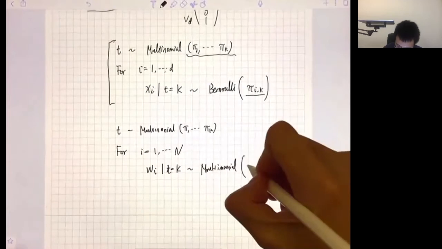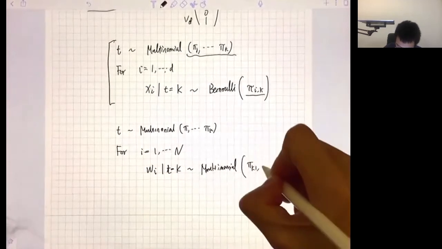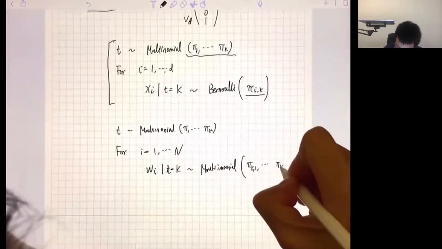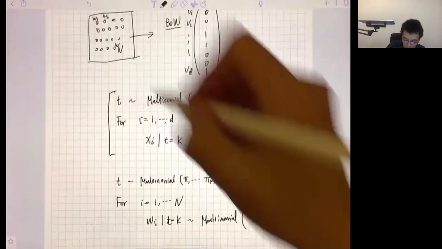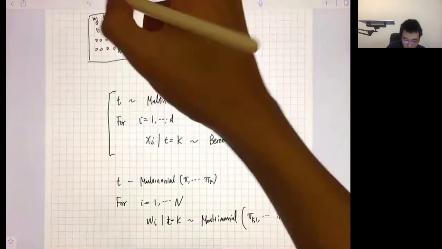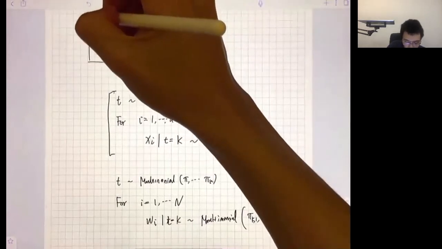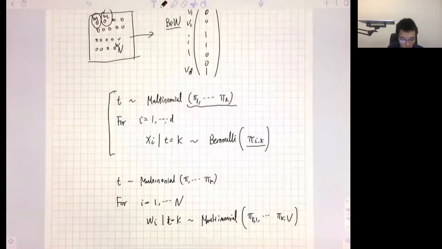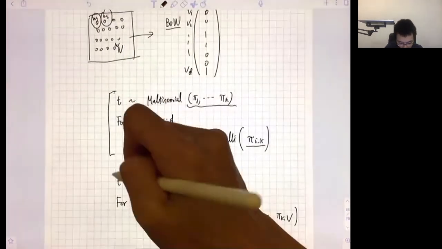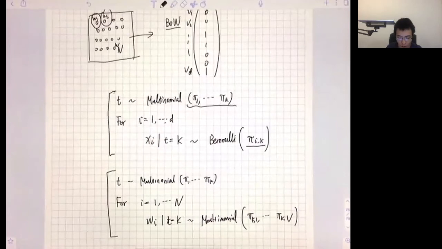So I first generate the category, then if I know the category, what is the chance that my first word is W1? What is the chance that my second word is W2, okay? So these are two different formulations for naive Bayes.